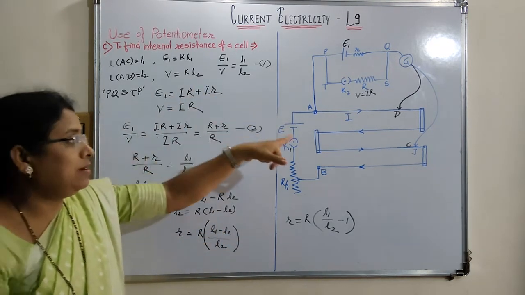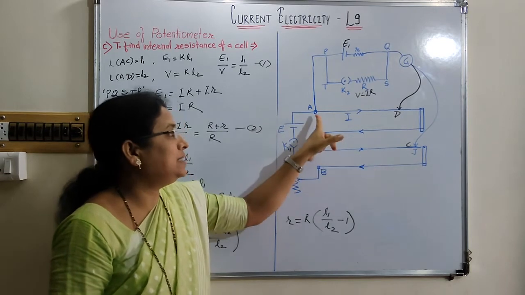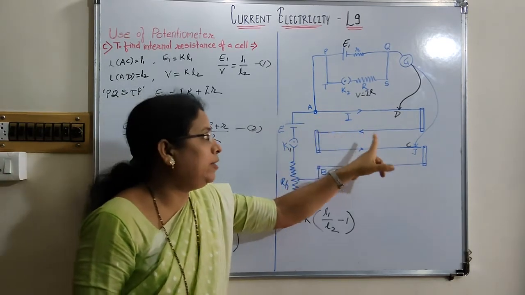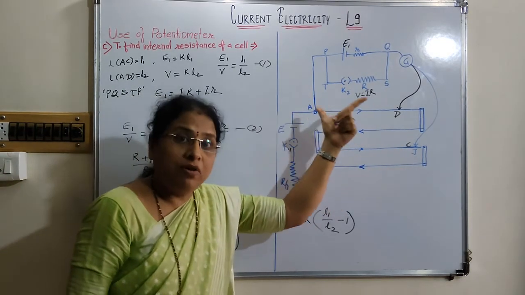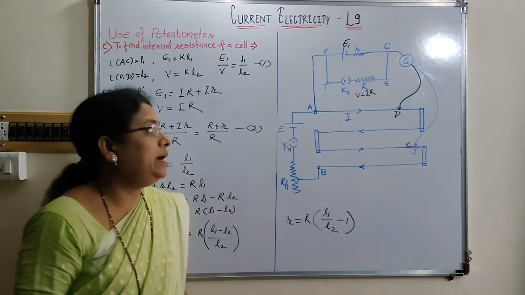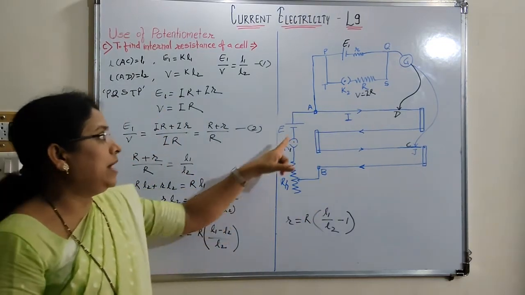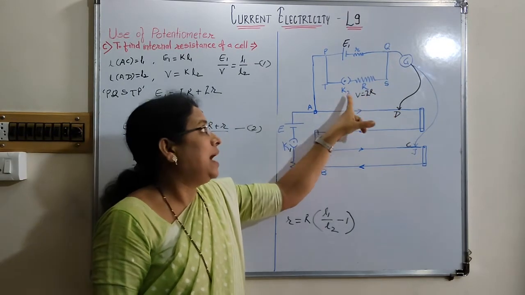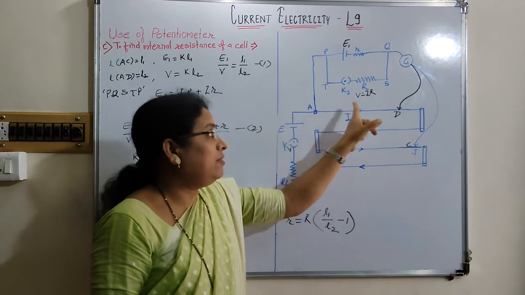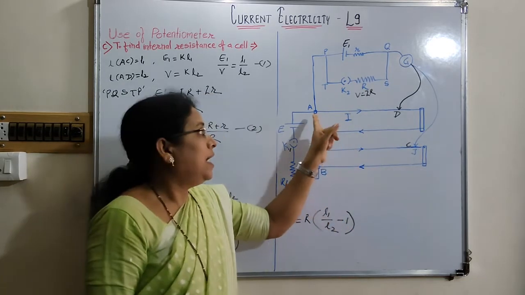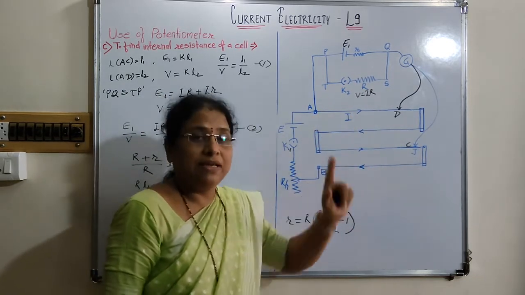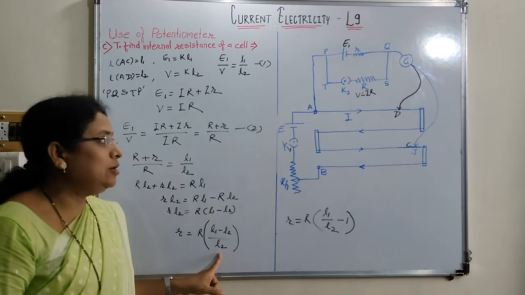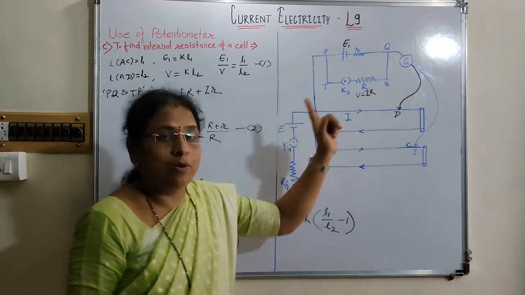We know the value of L1. It is the length of the wire from point A to point C on the potentiometer, which we can directly measure with the help of a meter scale. We know the value of L2 when we take out some suitable resistance from the resistance box and the key K2 is closed. Again we obtain the null point and we measure the length as L2. R is the resistance from the resistance box.